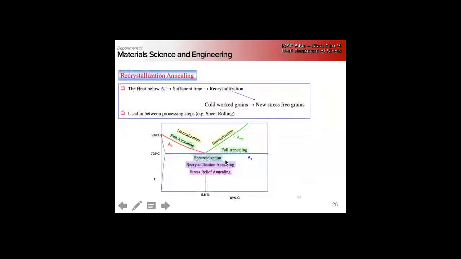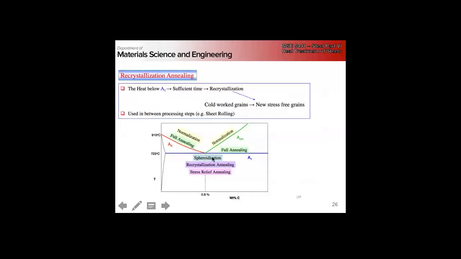So recrystallization annealing is very similar, except now we have cold worked grains, right? And we're going to heat slightly below the A1 line here, slightly below our eutectoid temperature.